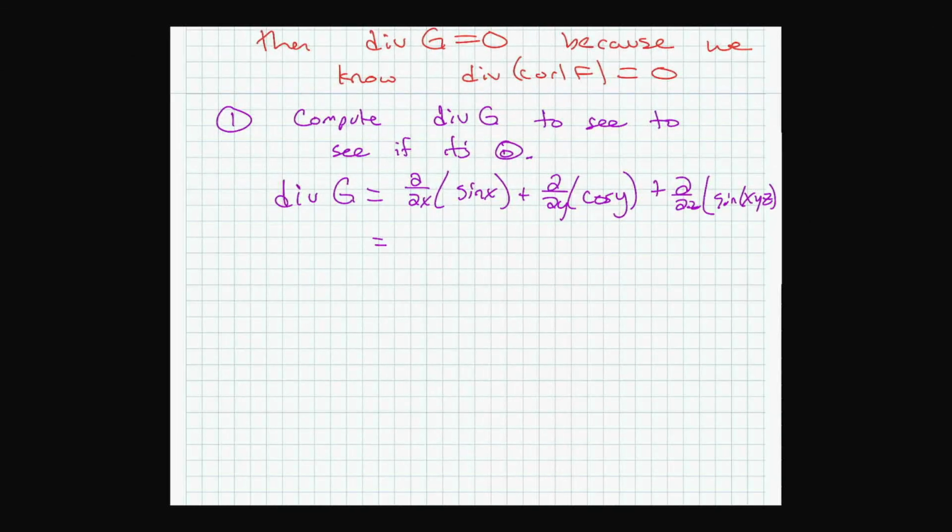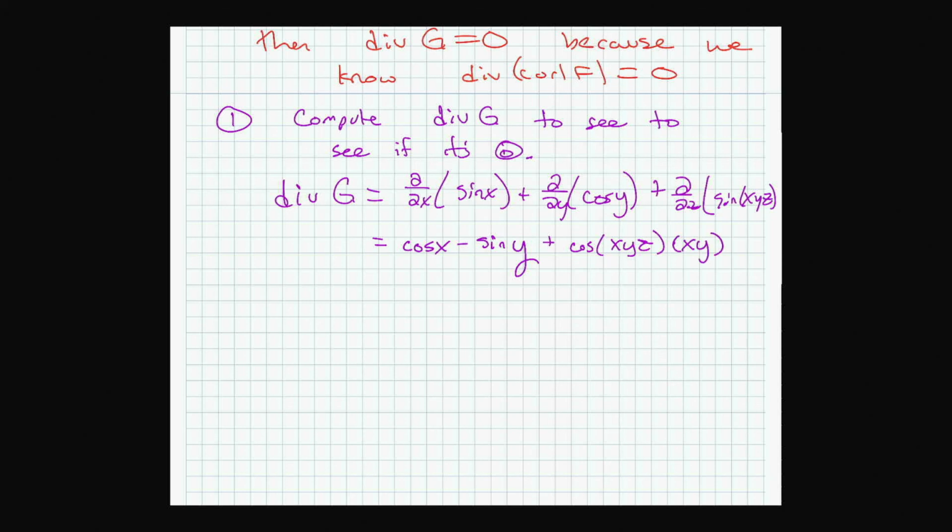Partial with respect to X of sine X is cos X. Partial with respect to Y of cosine Y is negative sine Y. Here we got partial with respect to Z of sine XYZ. That's going to be cosine XYZ times the derivative of what's inside with respect to Z, which is XY.